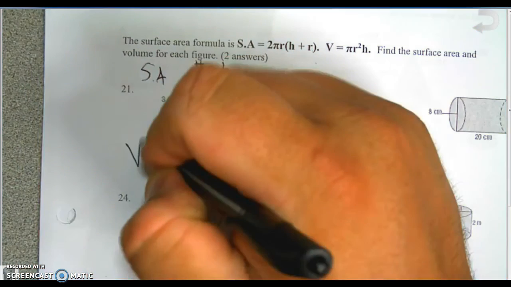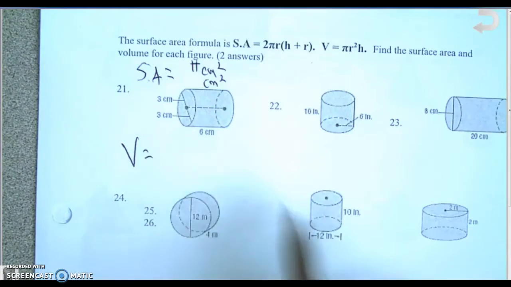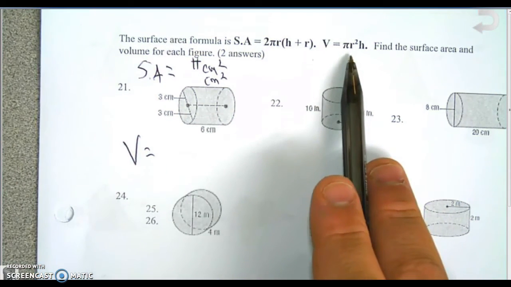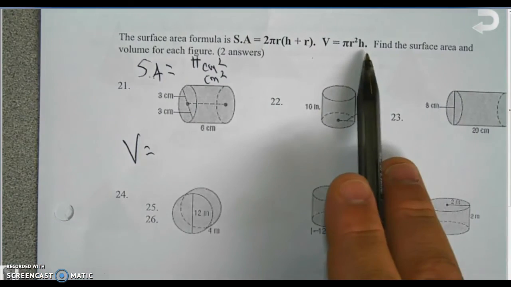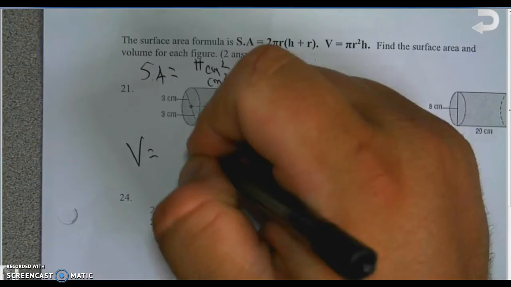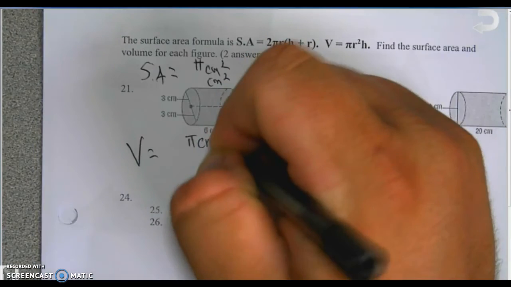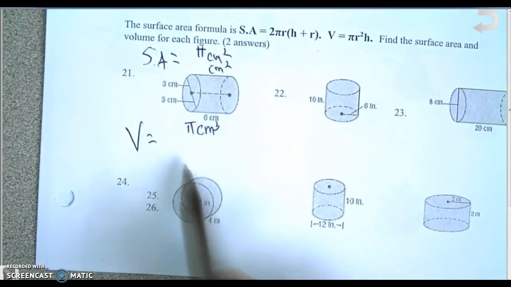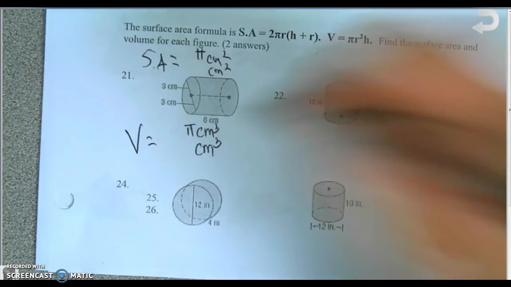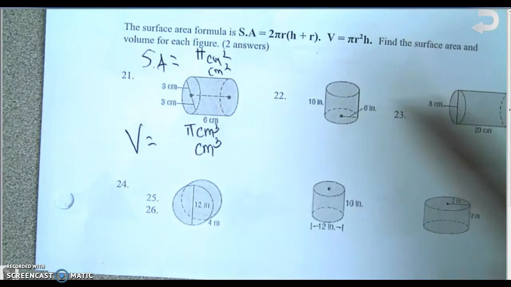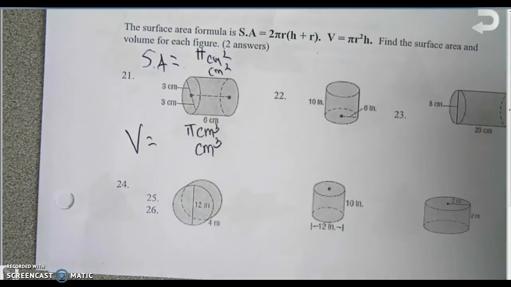For the volume, it's the same thing. I want you to plug in the radius and square it, the height, and you're going to come up with a number, pi centimeters cubed. Then go ahead and multiply that by pi and give yourself the answer. So there will be 4 answers for 21, 22, 23, 24, 25, 26.